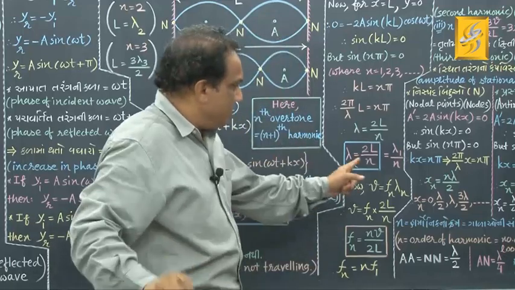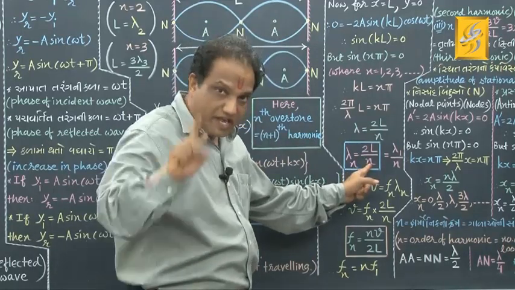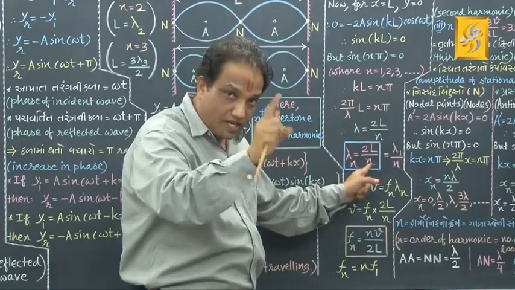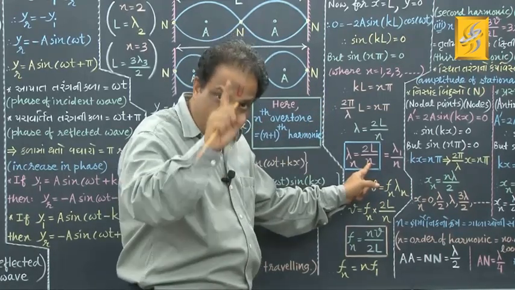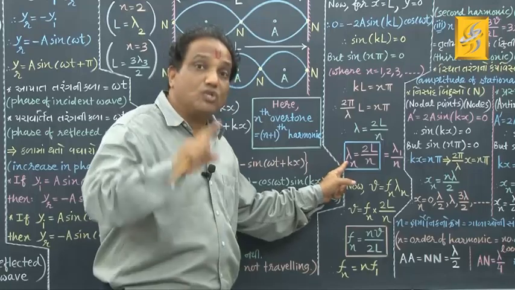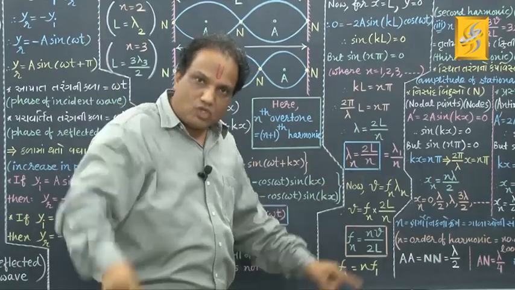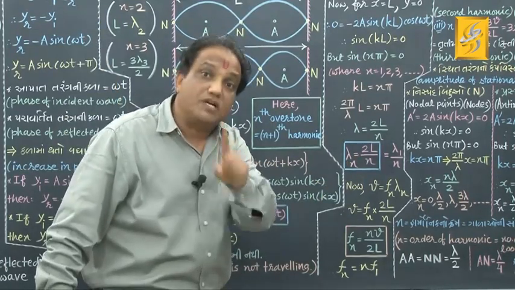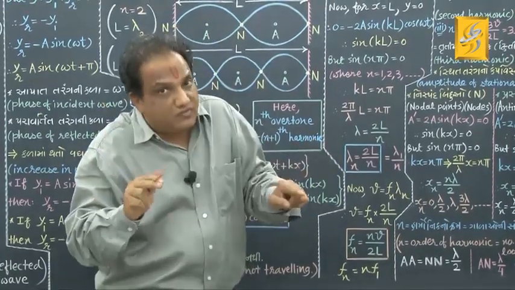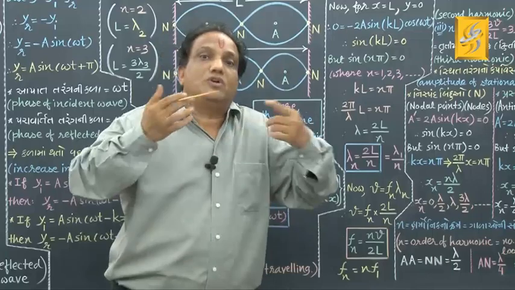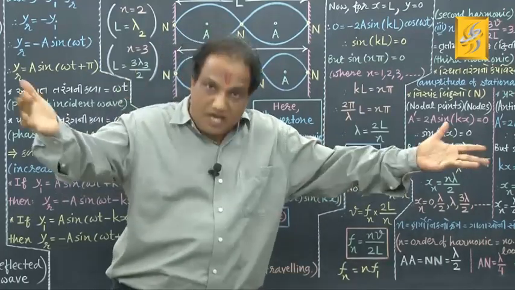Here, when you change the value of n specifically, say n equal to 1, then 2, then 3, and so on, naturally the value of wavelength also will change specifically. So you are going to get only certain specific wavelengths and not the remaining wavelengths. That's why here wavelength is said to be quantized.